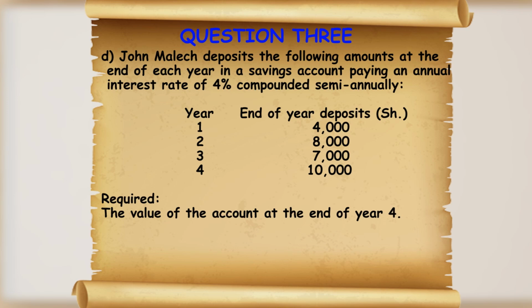The first deposit of 4,000 was made at the end of year 1, meaning this 4,000 was in the bank for only 3 years, because at the end of year 1, this money was held in the bank for the whole of year 2, the whole of year 3, and the whole of year 4. So those are 3 years.